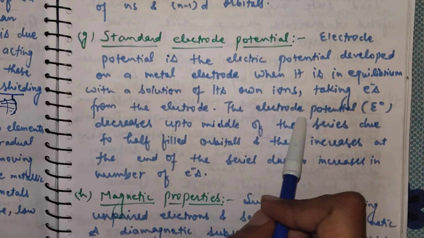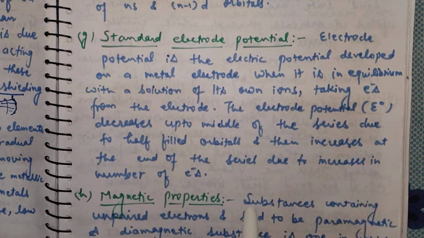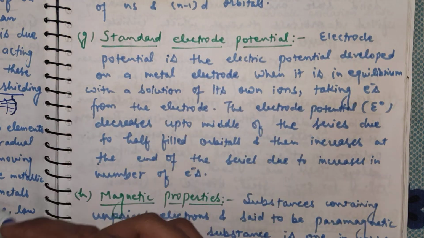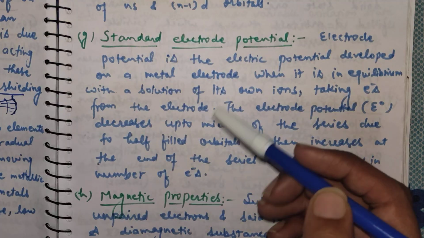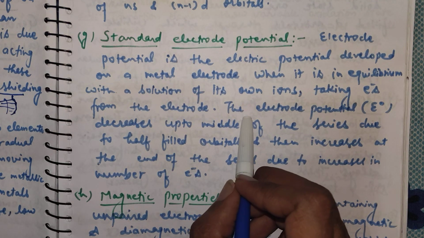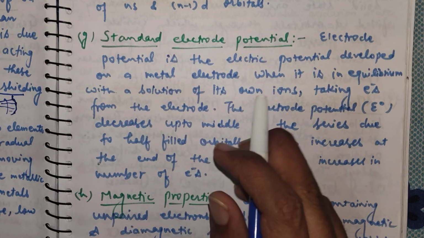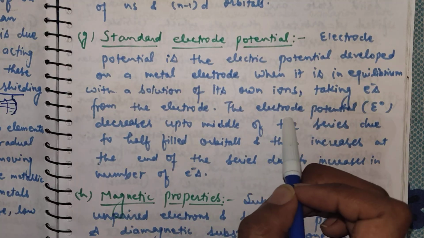The electrode potential decreases up to the middle of the series due to the half filled orbital. This is the same reason as before. All the reasons are interlinked with the same process. Up to the middle of the series, just like chromium, the electrons are in the process of filling the orbitals.